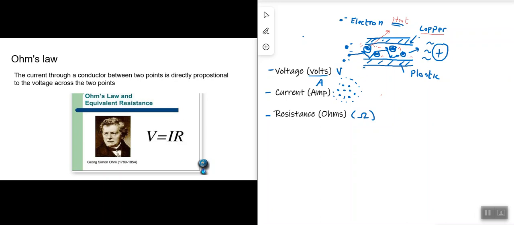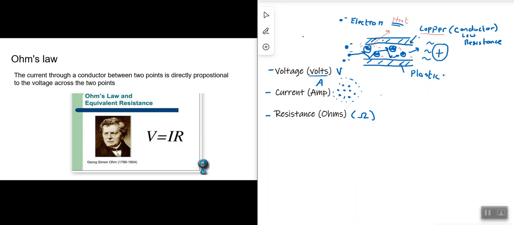So copper is a good conductor. Whereas plastic is a poor conductor, so it has high resistance.